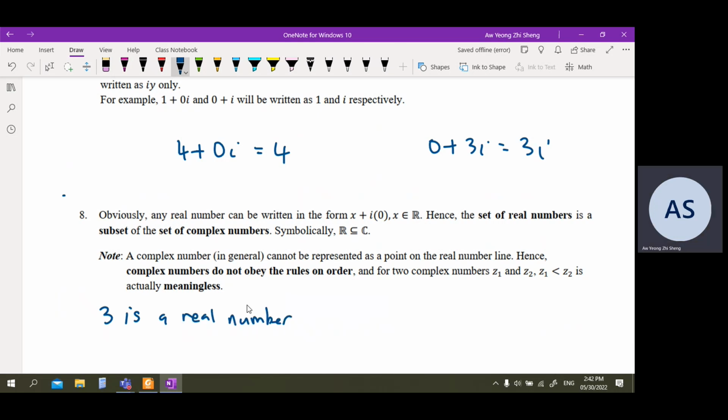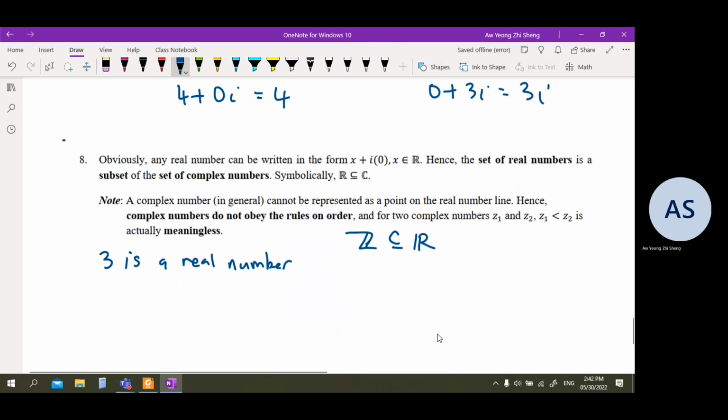We all know 3 is a real number because 3 is an integer, and the set of all integers is a subset of the set of real numbers. And so an integer must be a real number. But 3 can be interpreted as 3 plus 0i, where both 3 and 0 are real numbers. In other words, you can treat your x as 3 and y as 0.